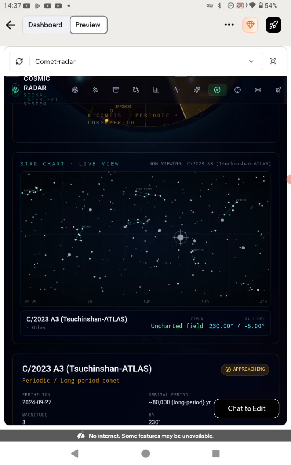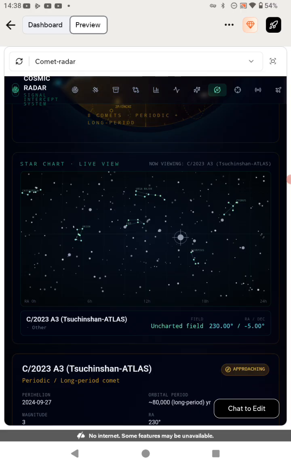We got SC/2023 A3 TSUCHINSHAN. Don't tell me how to pronounce it because it looks like Russian. But Atlas. So I guess the star chart is some sort of atlas.